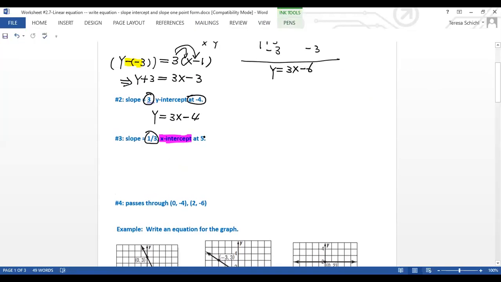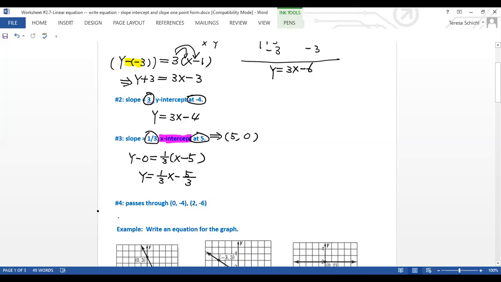What you need to do here is, the x-intercept at 5 means x equal to 5, y equal to 0, right? So it's just a point, (5, 0). Now I can use a slope and one point. So it will be y minus 0 is equal to 1/3 times (x minus 5). So this is y equal to 1/3 x minus 5/3. So this is the slope and the intercept form.